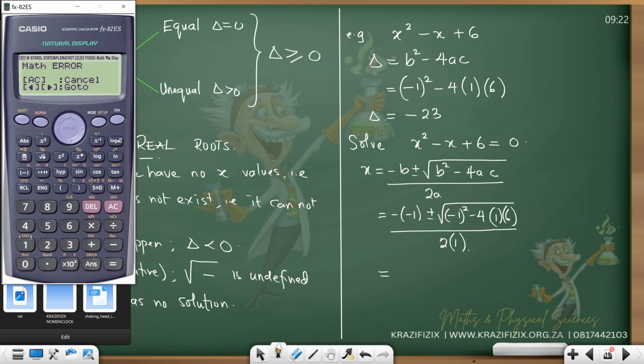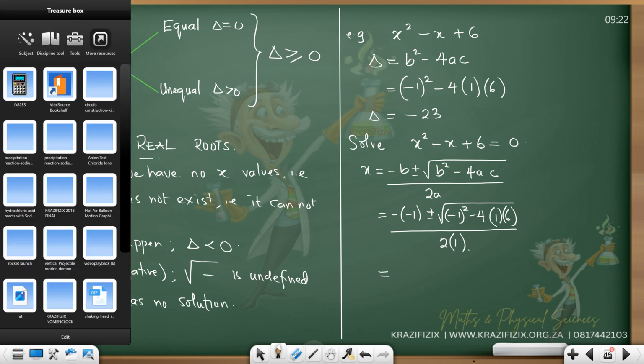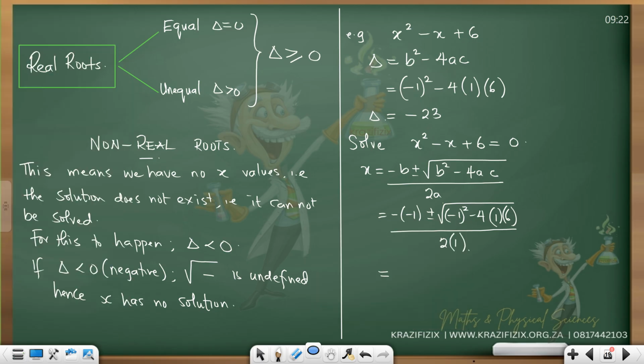The reason we're getting math error is because of this guy. This guy alone is giving us a negative 23. And we cannot find the square root of a negative number.